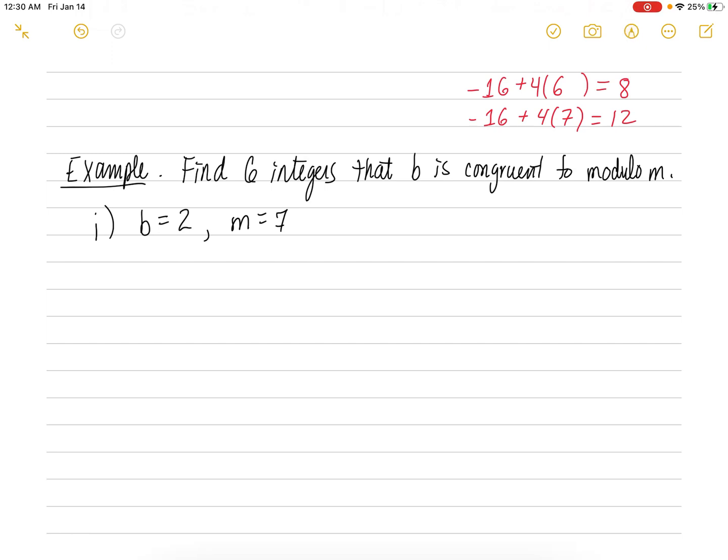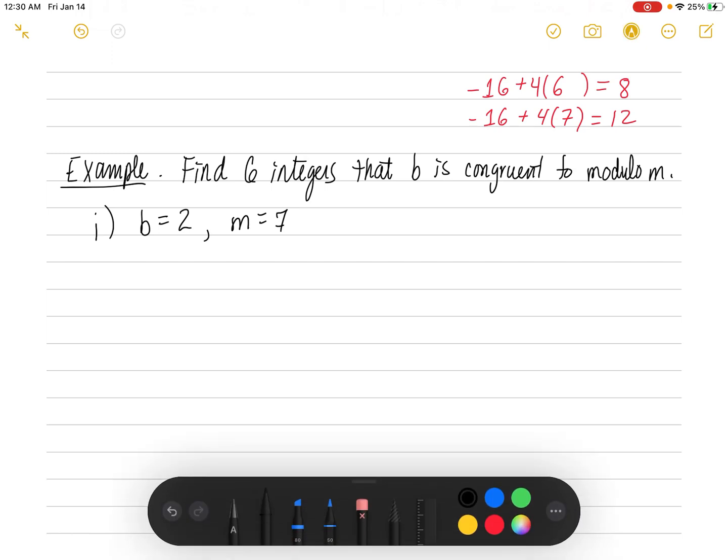So here on the side, I'm going to do my scratch work. Remember the equation for showing that A is congruent to B mod M. That's equivalent to saying A equals B plus MK, right?